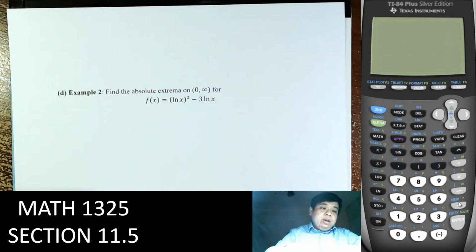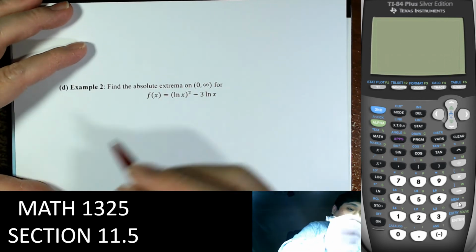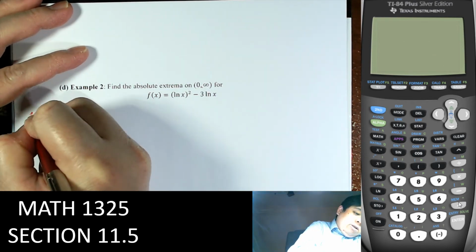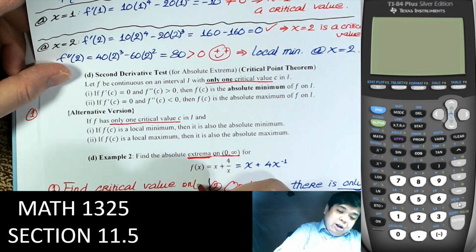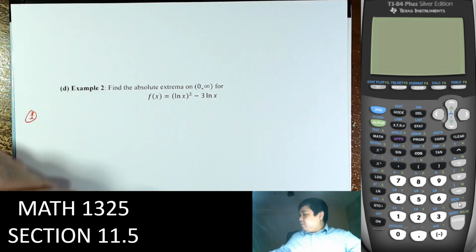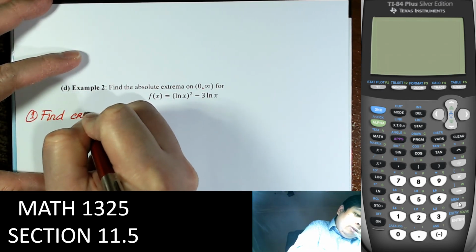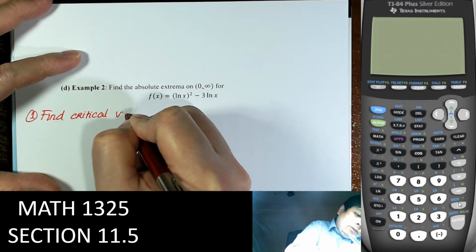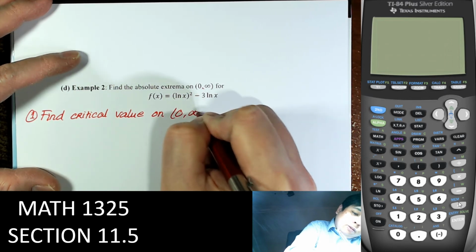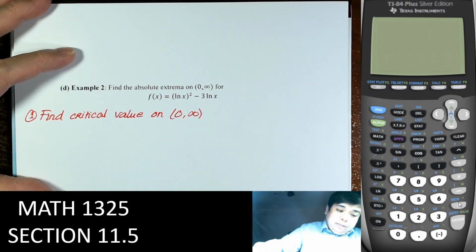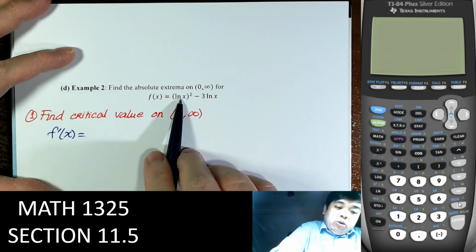And we have another example here. Find the absolute extrema on 0 to infinity. Right. First of all, of course, find critical points on that interval. Just like the last one, find critical values on the interval. Right, derivative. Of this one, I have to use the chain rule.